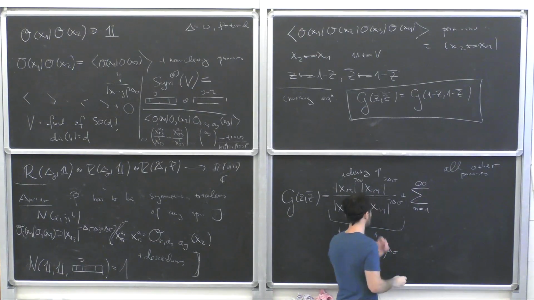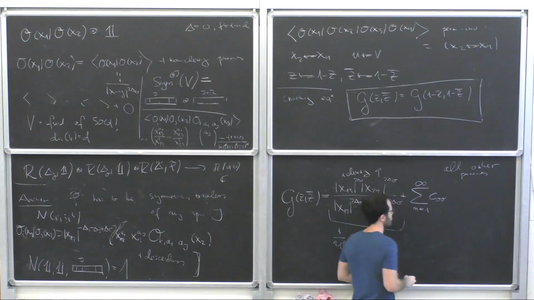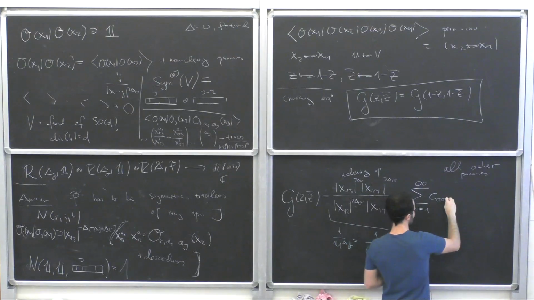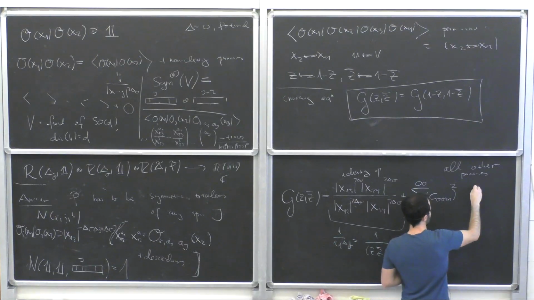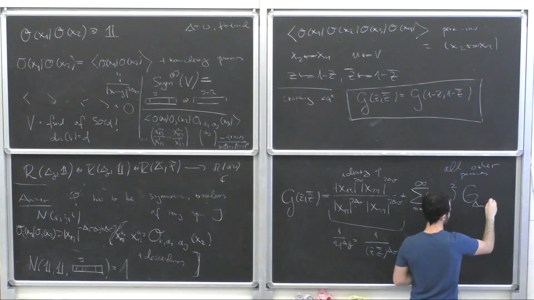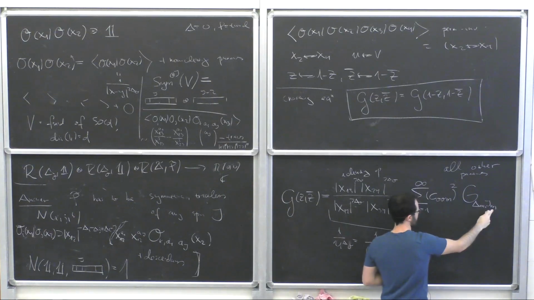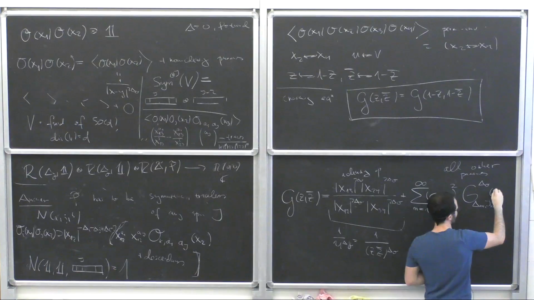So it's some sum over many operators, and here is the 3-point function coefficient squared times a conformal block, which depends on the dimension and spin of the mth operator, on the scaling dimension delta O, and on z and z bar.